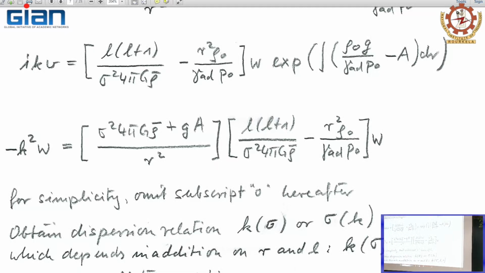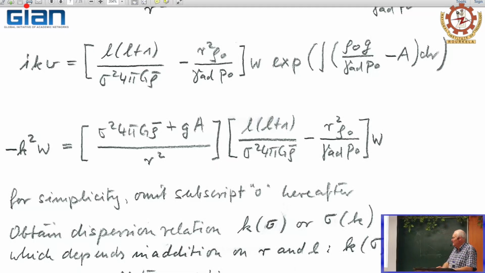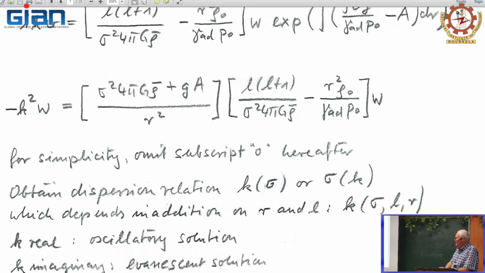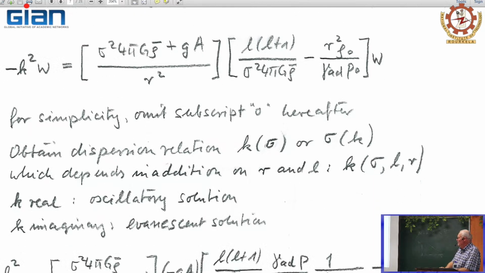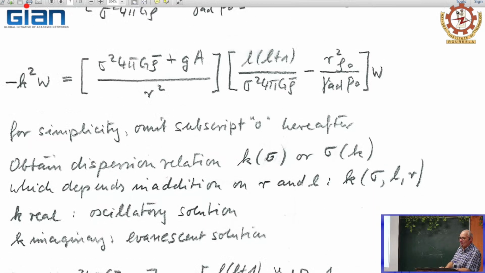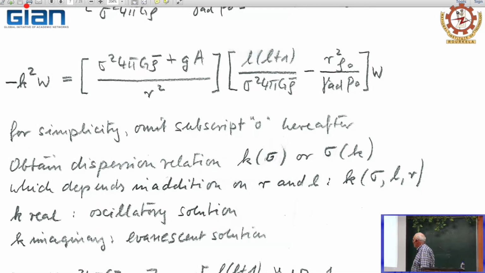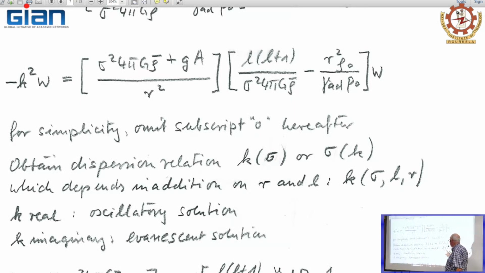Of course, in the following we will omit the subscript 0 to make the formula a little bit less crowded and less confusing. So we have a dispersion relation, which may be read either as a function k of sigma or sigma of k. Of course, it also depends as a parameter on the harmonic degree L, and because all these quantities depend on radius, this dispersion relation also depends on the radial position we consider.